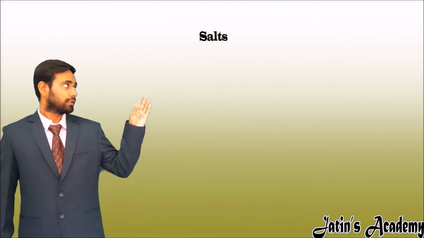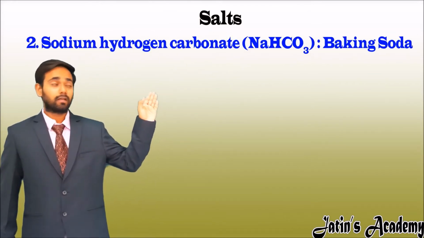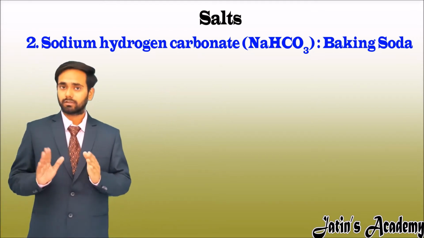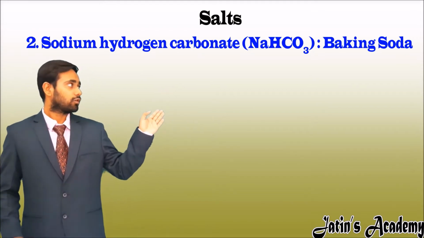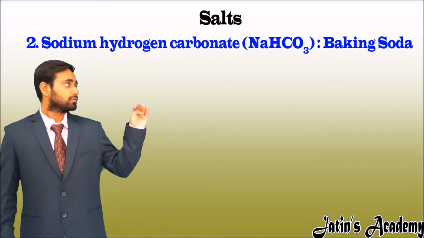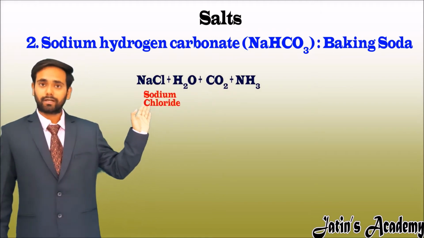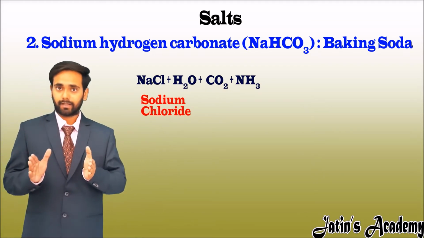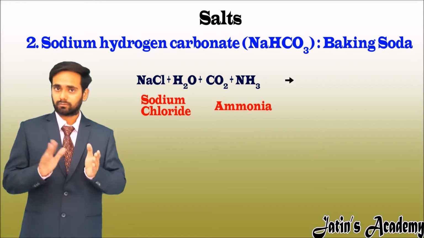Our next salt is baking soda. The formula is NaHCO3, meaning sodium hydrogen carbonate. This salt is usually prepared in laboratories. A sodium chloride and water solution is taken in a beaker, and carbon dioxide and ammonia gas are passed through it.